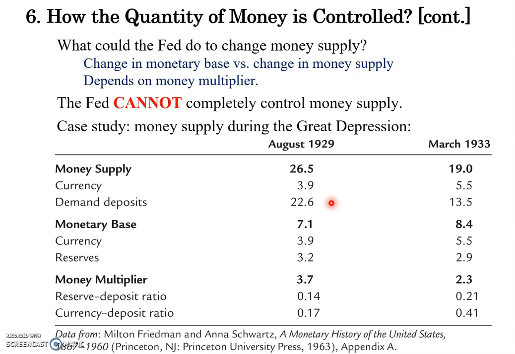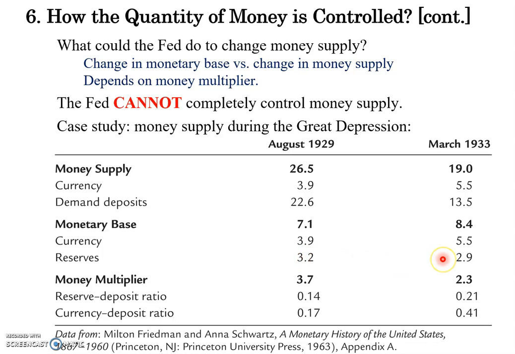This is a so-called bank run. And that's why here, as you can see, this line, from 1929 to 1933, people held much more currency, but the bank reserve actually decreased a lot.